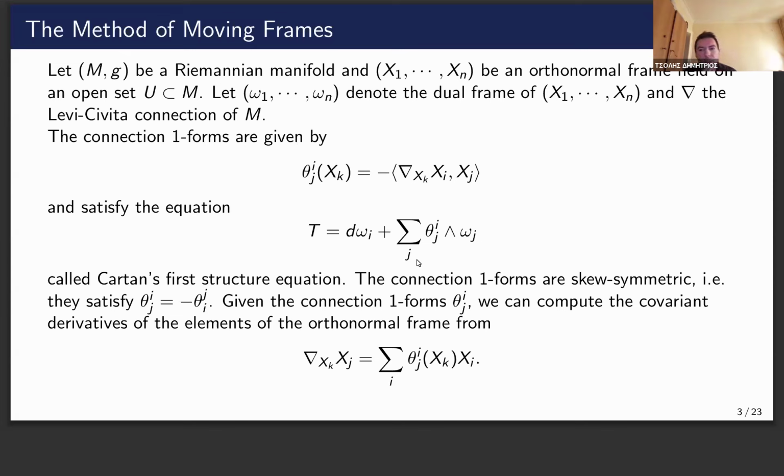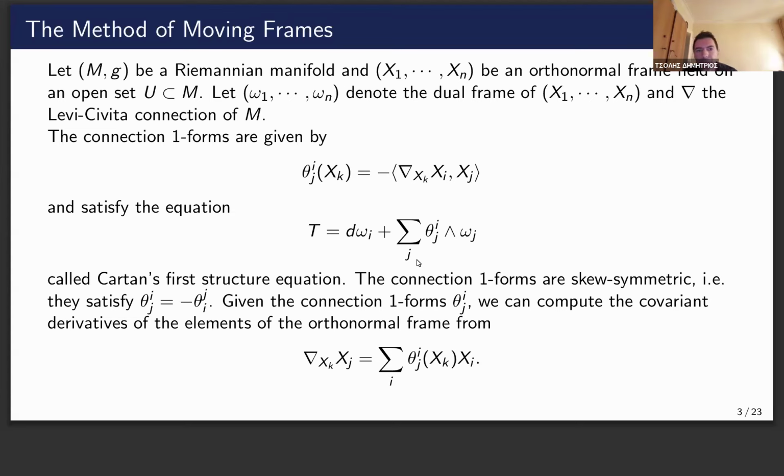And this essentially is captured by what we call a connection form. So what happens exactly? We want a way to essentially capture this coordinate system and how it moves around the manifold. So how do we do this?